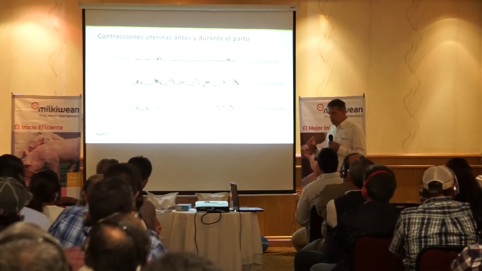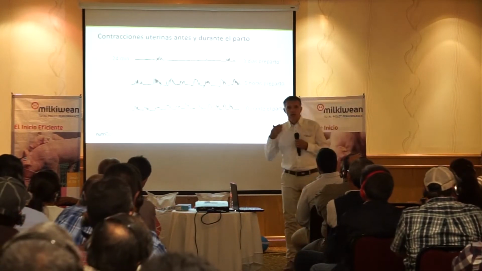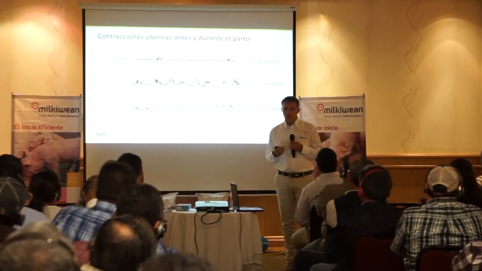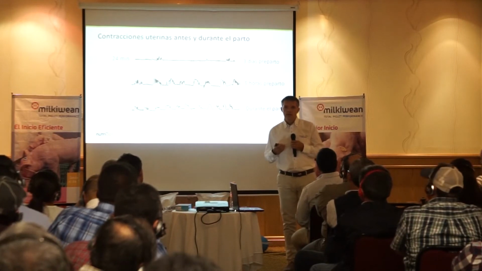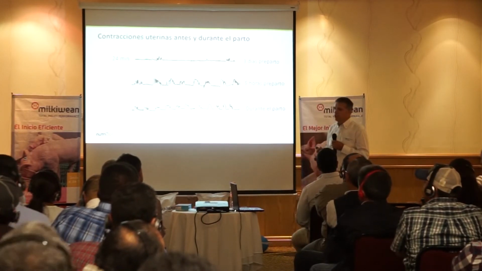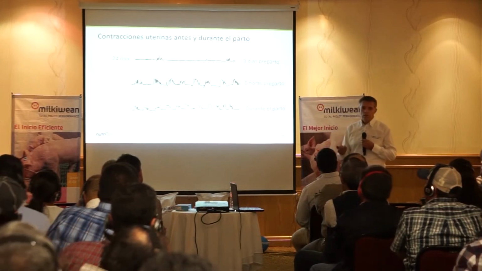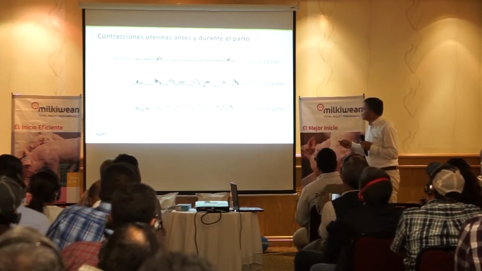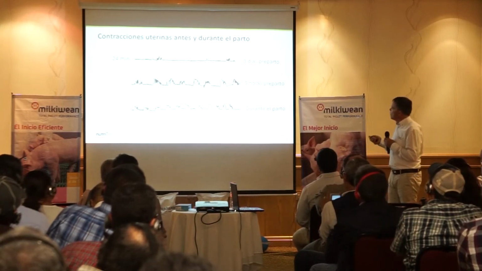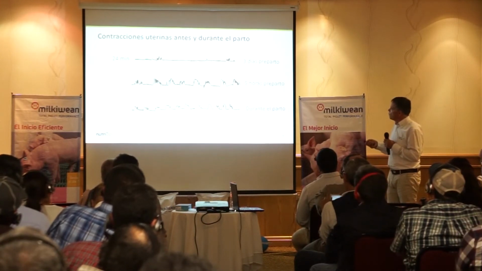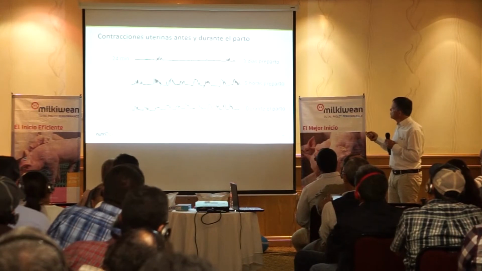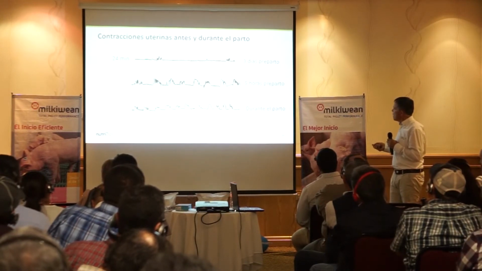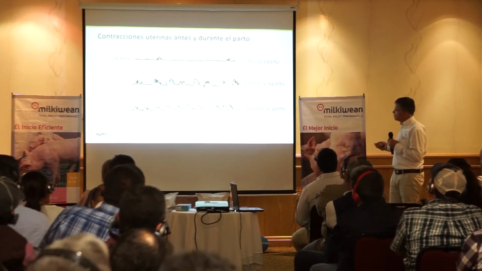So the question is, why do we have more stillborn piglets at the end of the farrowing process? And we think that has something to do with the uterine contractions. So here we have the uterine contractions over, say, 24 minutes, 3 days before farrowing, 3 hours before farrowing, and during the farrowing process.